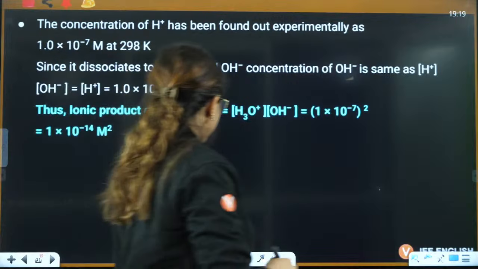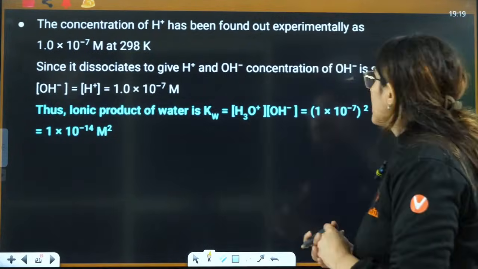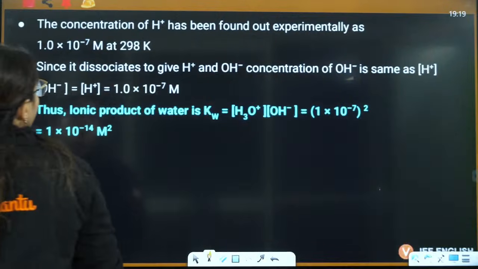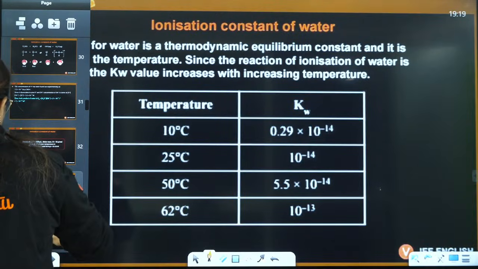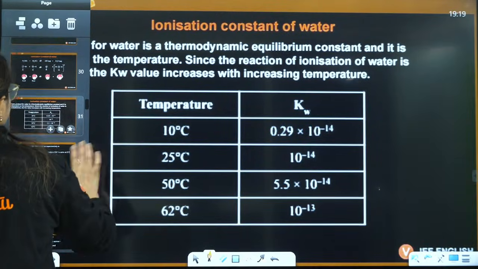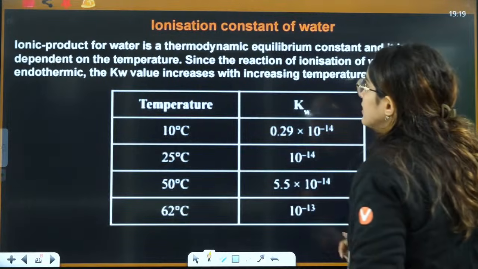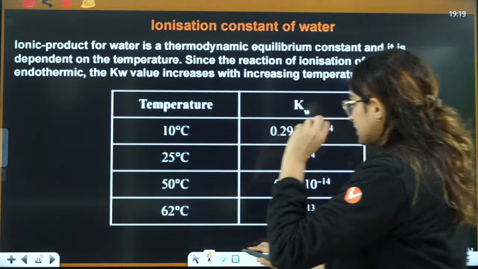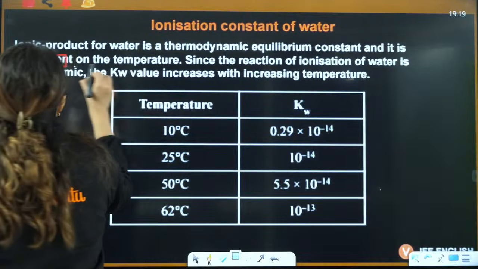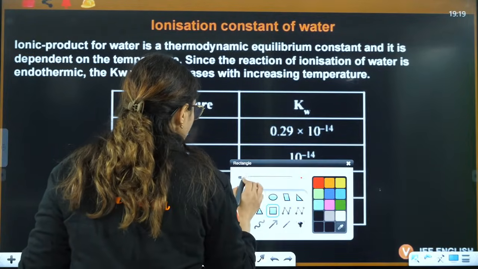Now see how it changes with the temperature, right? Firstly, I want to show you how it changes with the temperature, right? Ionic product for water is a thermodynamic equilibrium constant. It is dependent on the temperature, right?